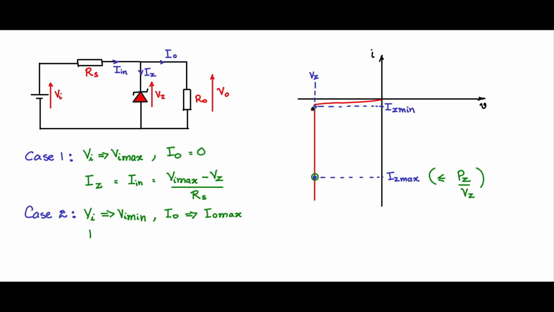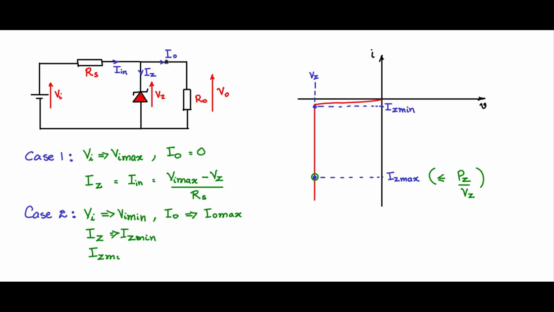There should be at least a minimum value of Iz to pass through the Zener in order that the Zener provides a constant voltage Vz. So therefore, Iz minimum at least should flow through this. So Iz should be set at Iz min as the operating point.